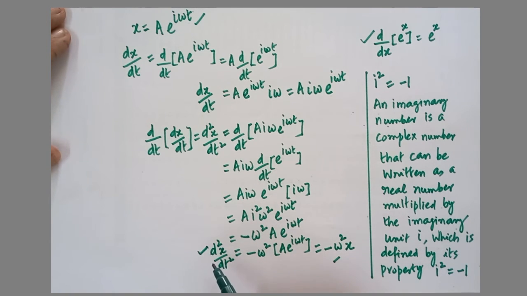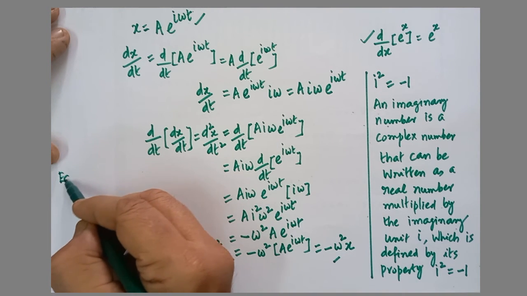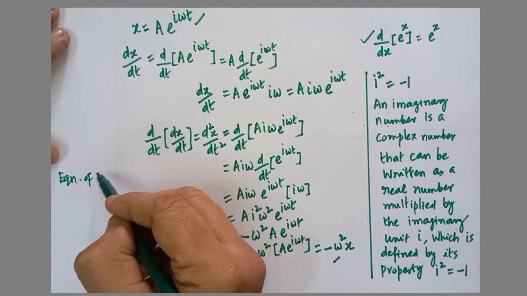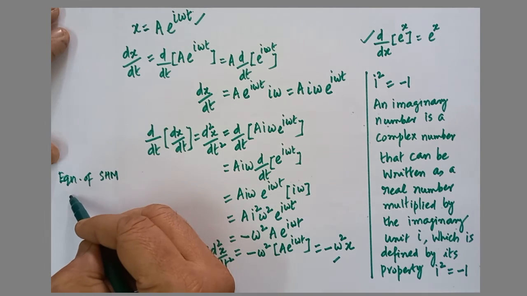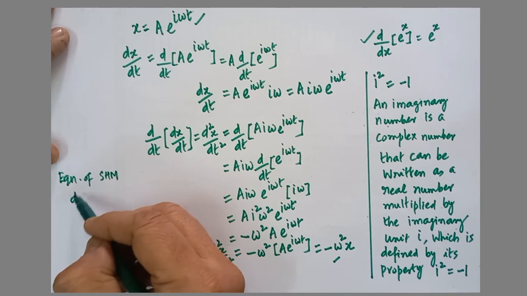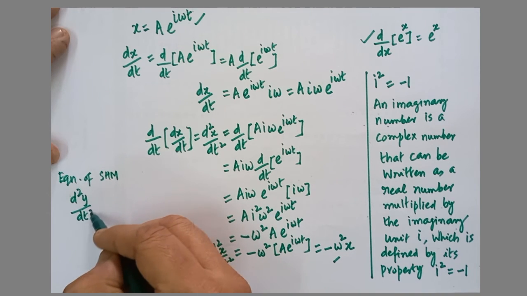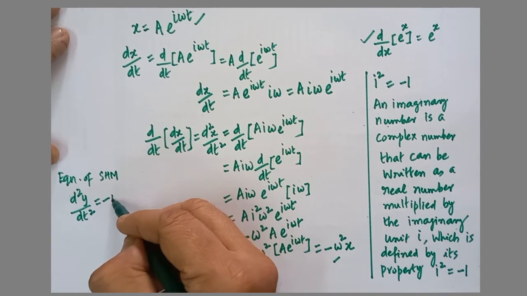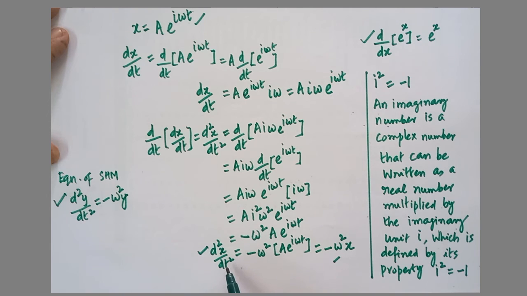This expression must be compared with the equation of SHM. What is the equation of SHM? Already we know the fundamental formula: d²y/dt² is equal to minus ω²y. This is called the equation of SHM. This equation of SHM and the differential equation obtained at the end must be compared.